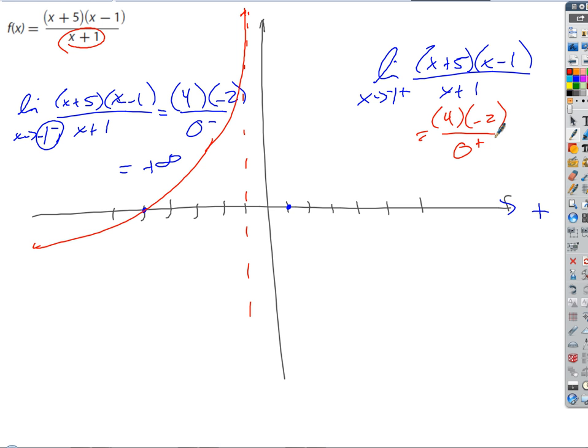So this one's going to be negative over positive, which is negative, right? And it's going to do something like maybe like that, right? Get the idea? Okay? All right, good.